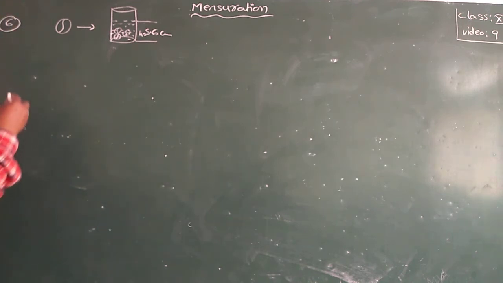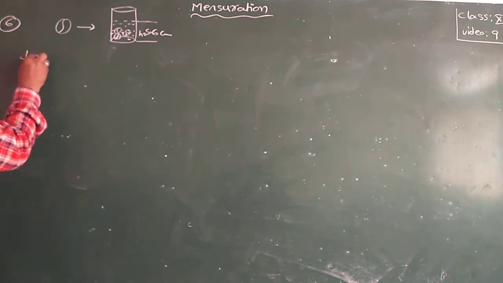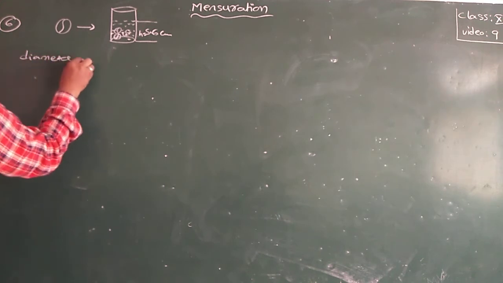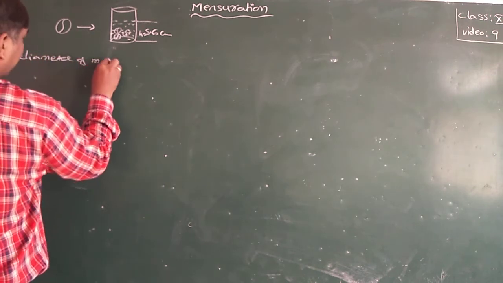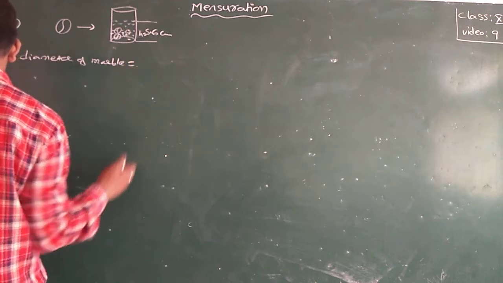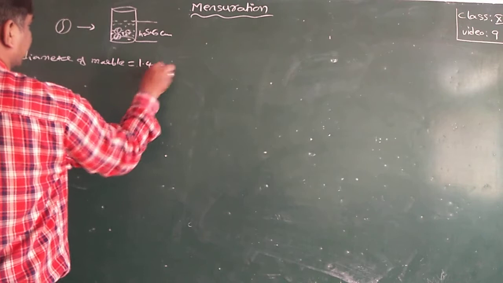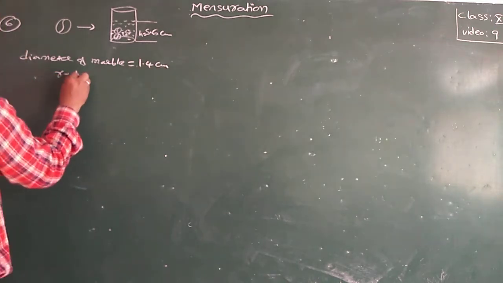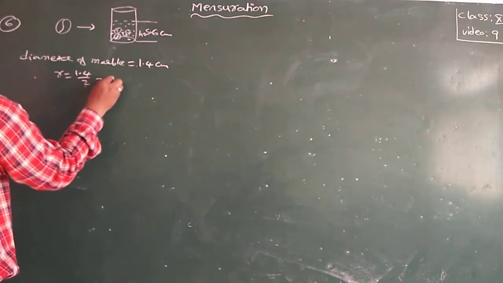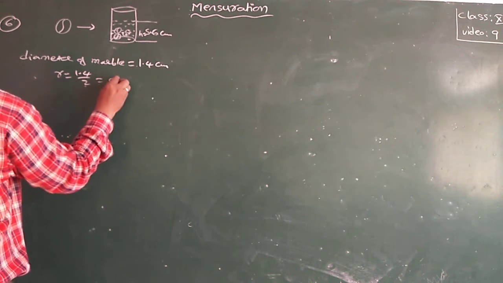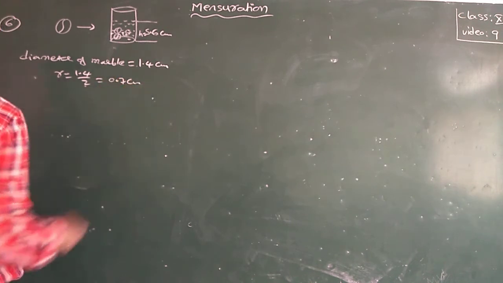Okay. Diameter of the marble, spherical marble, is equal to 1.4 centimeters. Means radius is equal to 1.4 by 2, which is 0.7 centimeters.